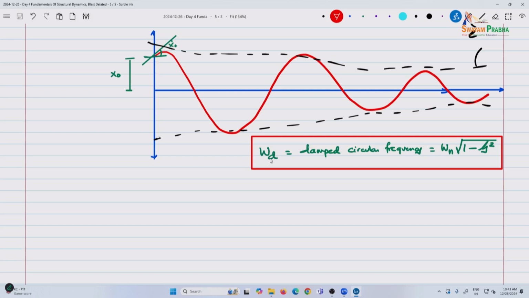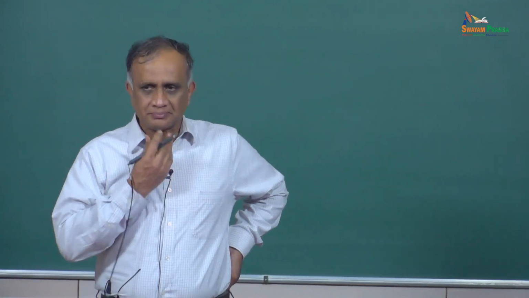And for most cases, omega d is approximately equal to omega n for most situations. Even if you take xi of 0.2, 0.2 squared is 0.04, square root of 0.96, it's almost one, and 20% is a very high damping.